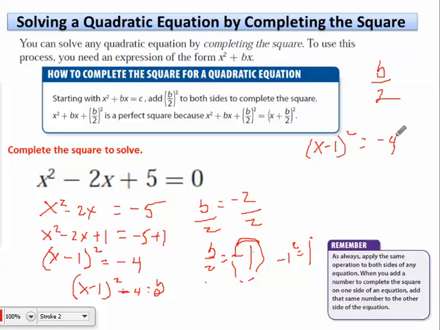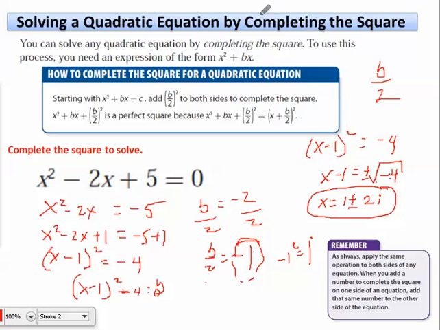I can take the square root of both sides of this equation. I get x minus 1 is equal to the square root of negative 4. Negative under a square root symbol, I'm going to have a complex answer here. So I'm going to add 1 to both sides, and I'm going to get that x is equal to 1 plus or minus 2i, plus or minus, because I always have to have 2 of those. That would be my solution that I would be looking for here.